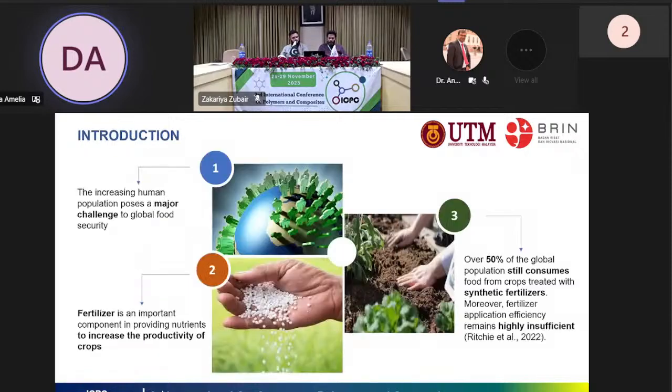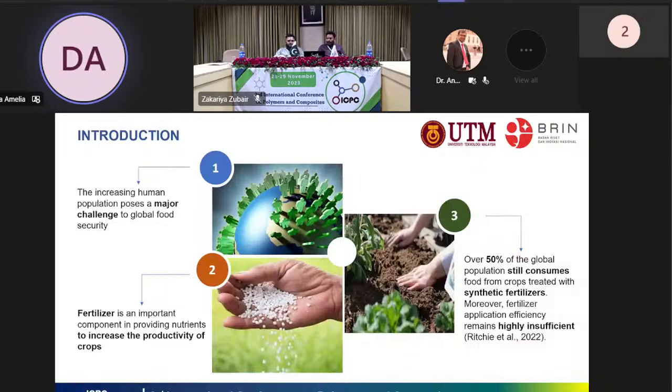The increasing human population poses a major global food security challenge, and because of that, it requires an effective food production system to meet the food need of the ever-increasing human population. So, using fertilizer is a critical component in providing nutrients to increase the productivity of crops.